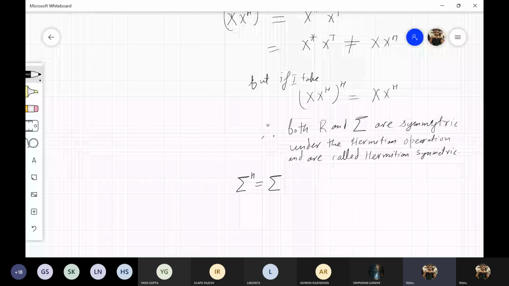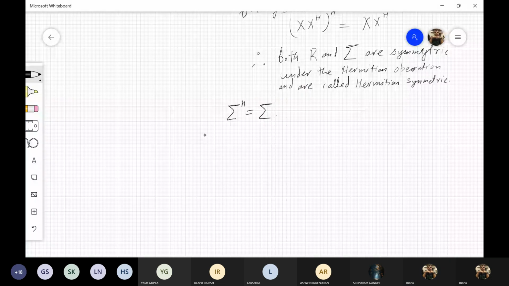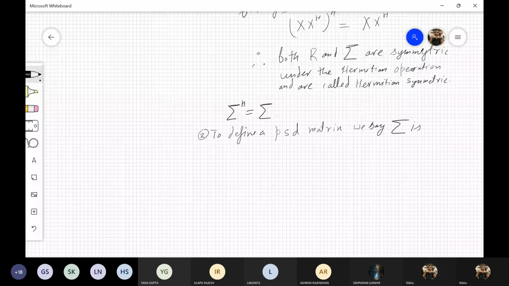Similarly, to define a positive semi-definite matrix, we say sigma is PSD if x Hermitian sigma x is greater than or equal to 0 for all x.